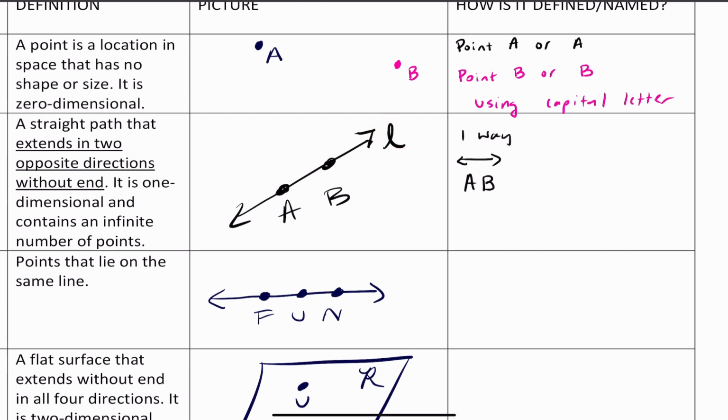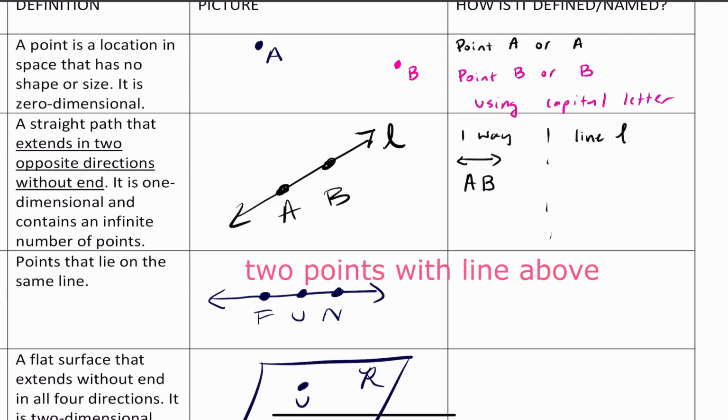You can use that lowercase letter and call that line L. So let me go ahead and write that down. Line L. Okay? And you have to know 2 ways to name a line. First, by their points, the 2 points, and then the lowercase. So please make sure that you understand how to name this line or any type of lines if I were to give you something like this.